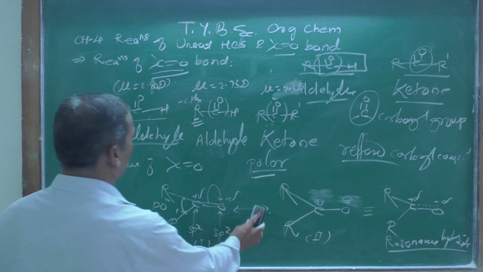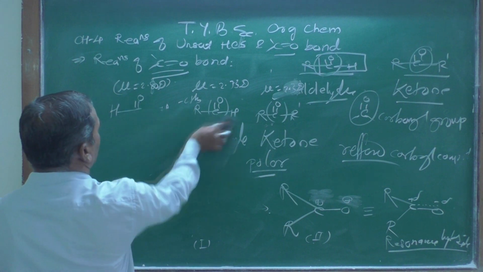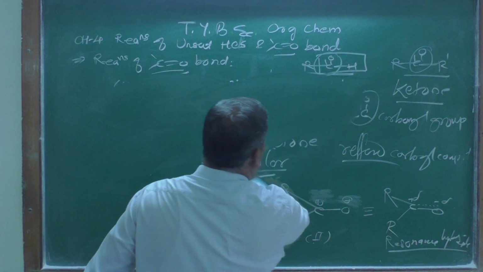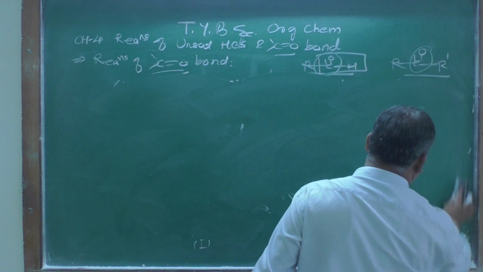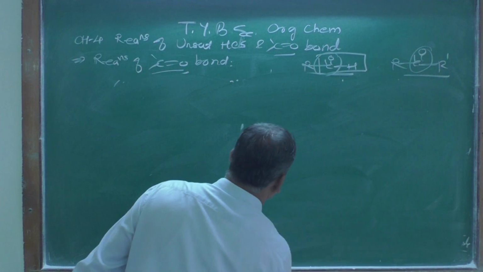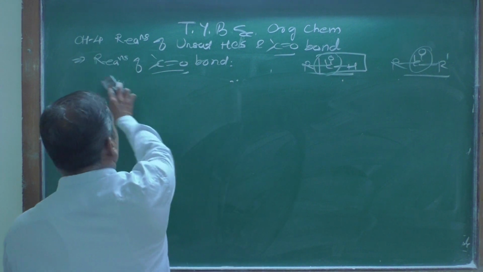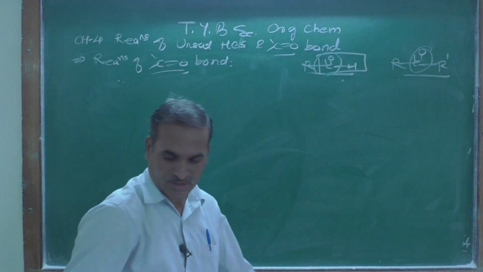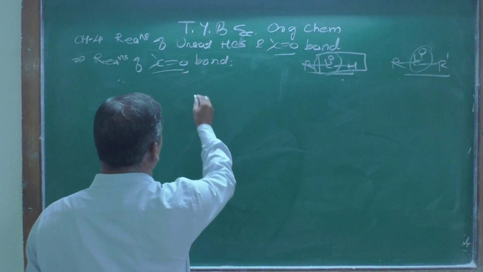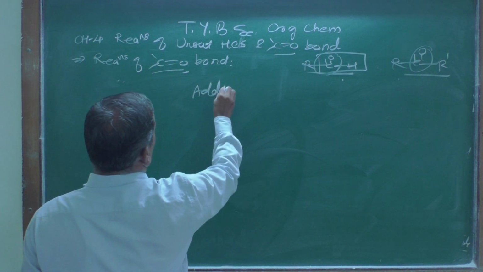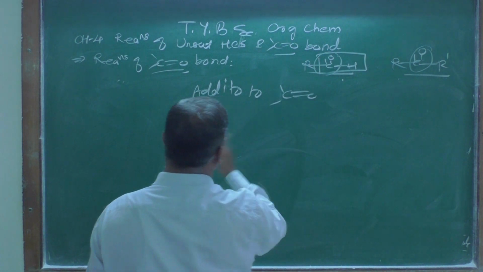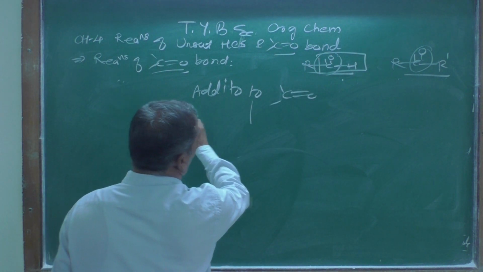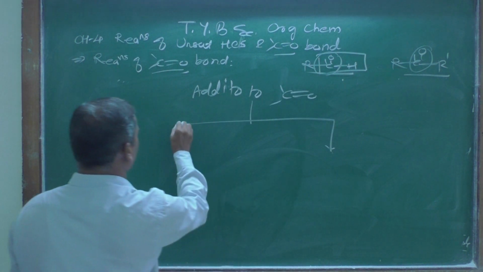What are those two types of addition reaction? Let us see how they undergo, or what type of reaction they show. Here is the addition to the C double bond O. There are two types of addition reaction.